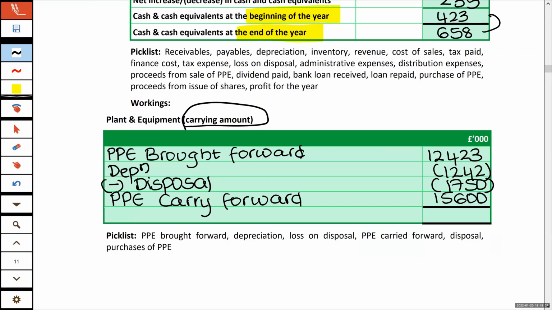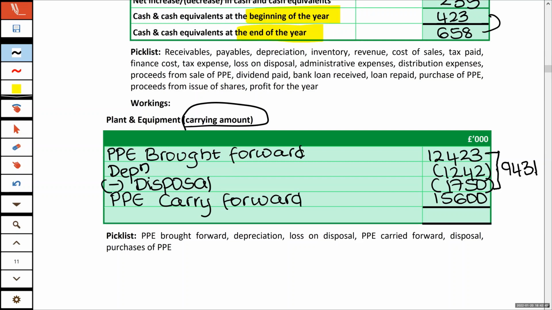So what is this telling me in total? This is telling me I had in the start of the year 12,423 pounds worth of assets. I've depreciated them 1,242, i.e. they should have reduced by 1,242, and I disposed 1,750, so they should have reduced by 1,750, i.e. they should have been worth at the year end 9,431.